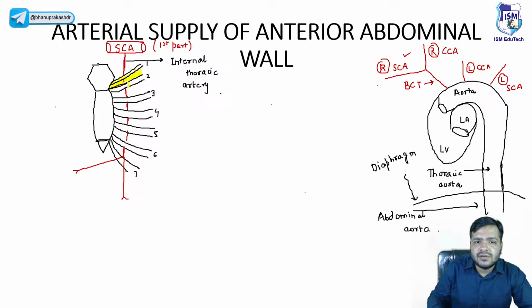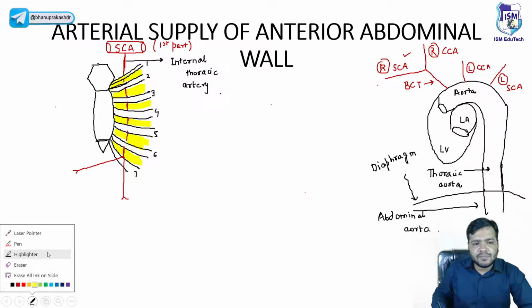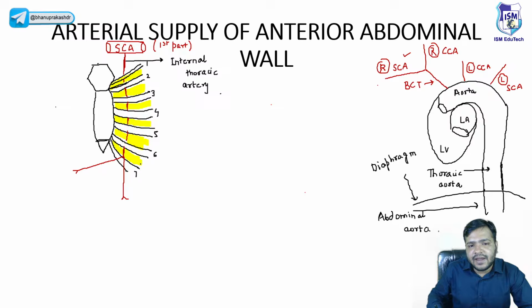This is the first, the second, the third, the fourth, the fifth, and at last the sixth intercostal space. So at the level of the sixth intercostal space, this is again dividing into two branches. Inter means between the two ribs.